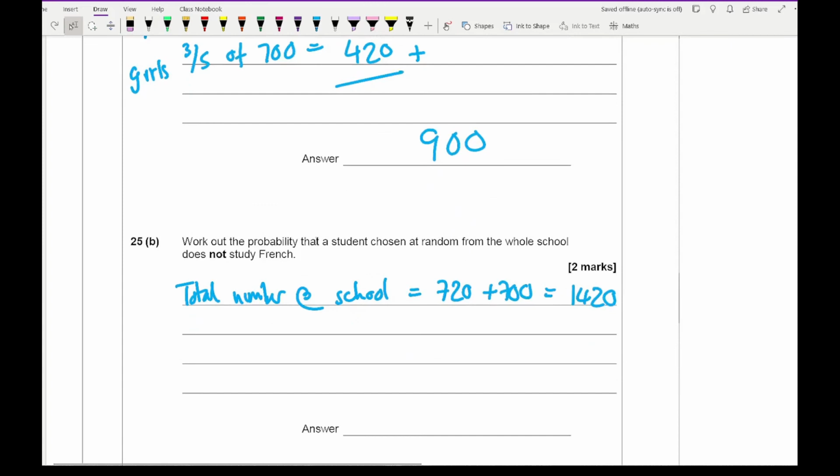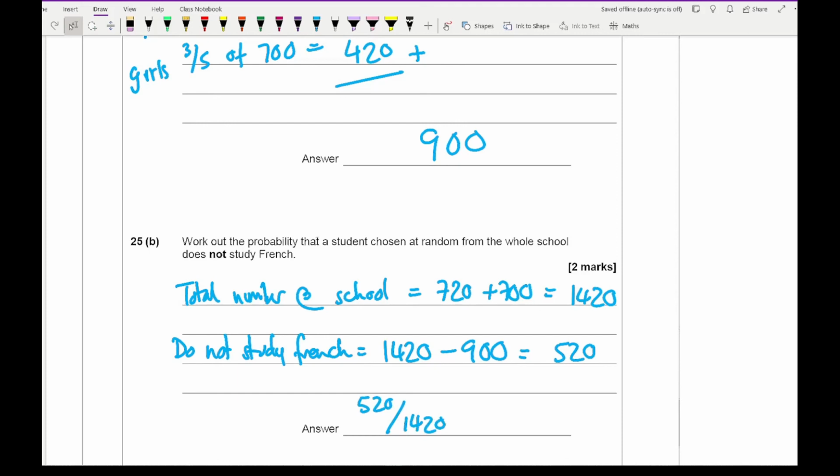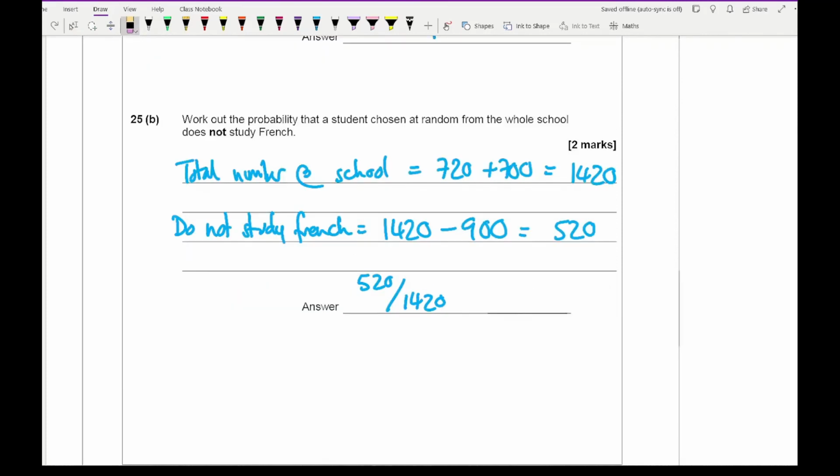And then in terms of those that do not study French, it is going to be 1420 minus 900, which is 520. So the probability is going to be 520 over 1420, and this simplifies to give me 26 over 71.